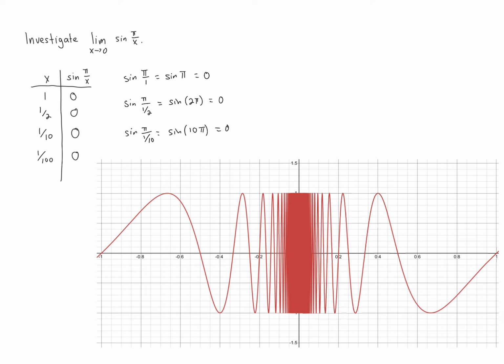And so despite this table of values that happens to, by complete chance, hit the zeros over and over again, and it looks like it's just staying at 0, this function is not staying at 0. It is moving back and forth an infinite number of times between -1 and 1. And so because there's not a single number that it's always getting closer to when it's approaching 0, that means that the limit does not exist.